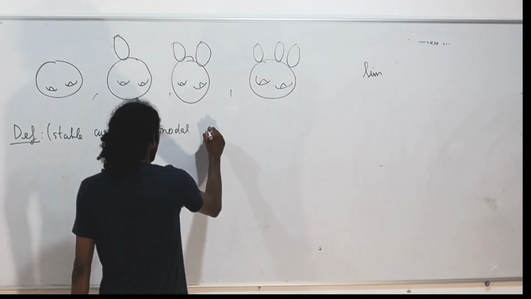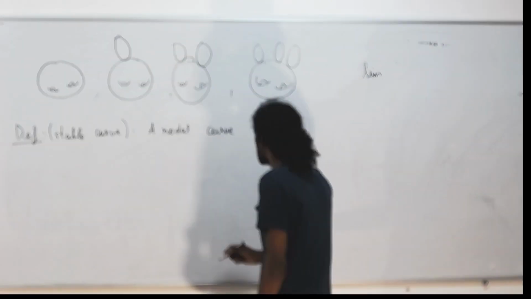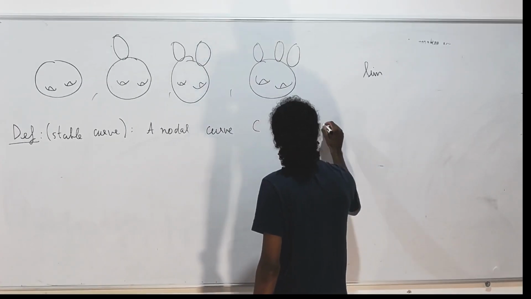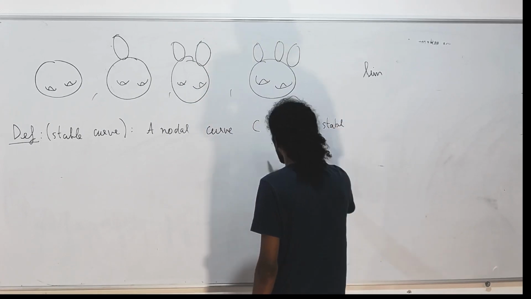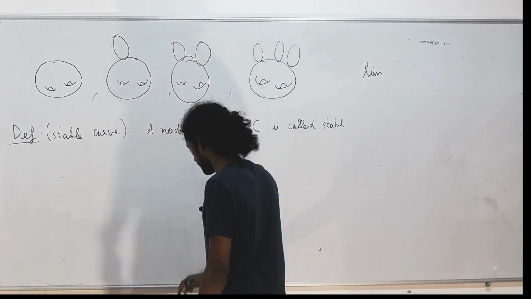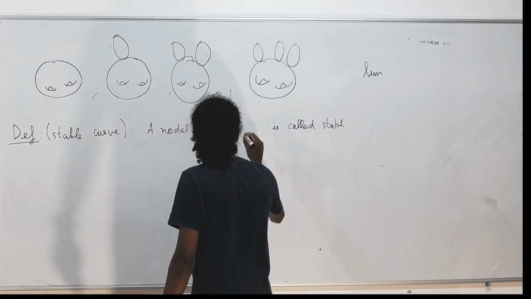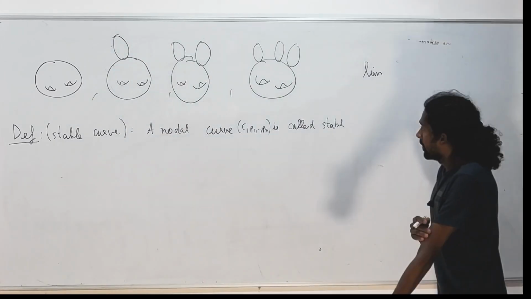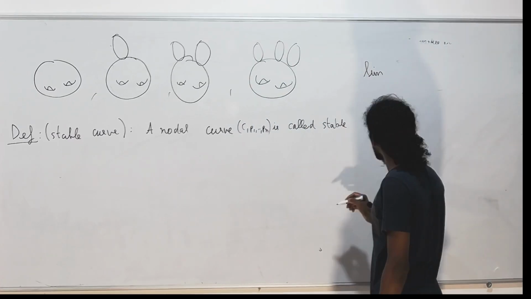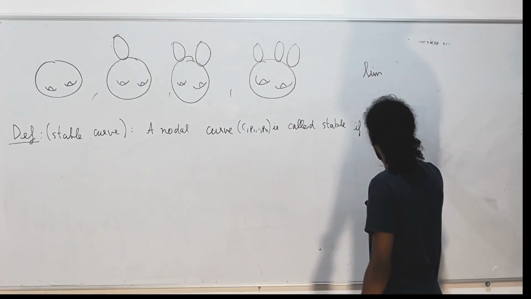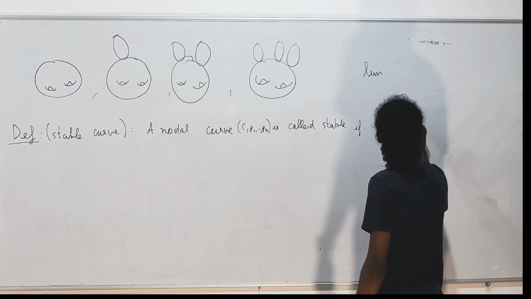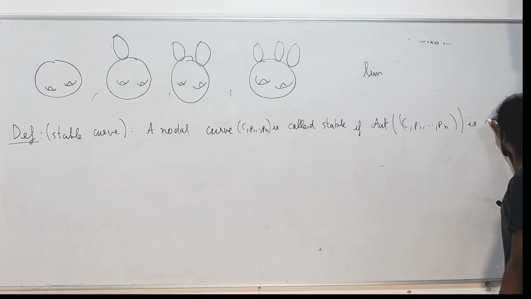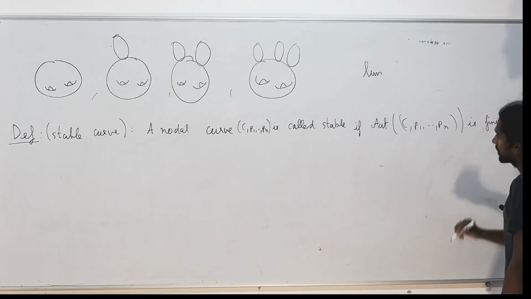A nodal curve C, I should really write C with the marked points, is called stable if the automorphism group is finite.